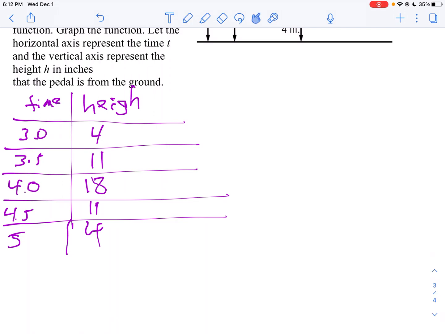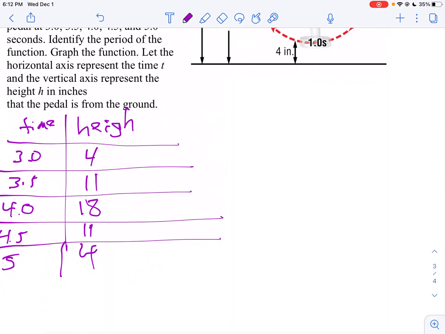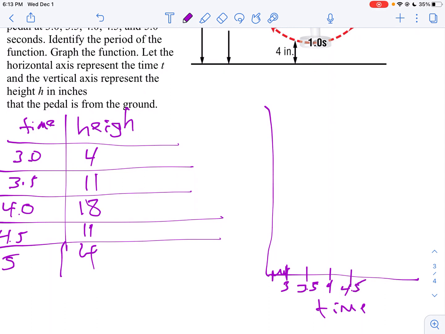Now we're going to graph this. So I'm going to graph my time on my x-axis and the height on my y-axis. So I have time here. And what I'll do is I will break my graph. I'm not going to start at 0. I'm going to start at 3. So I'll go 3, 3.5, 4, 4.5, and 5.